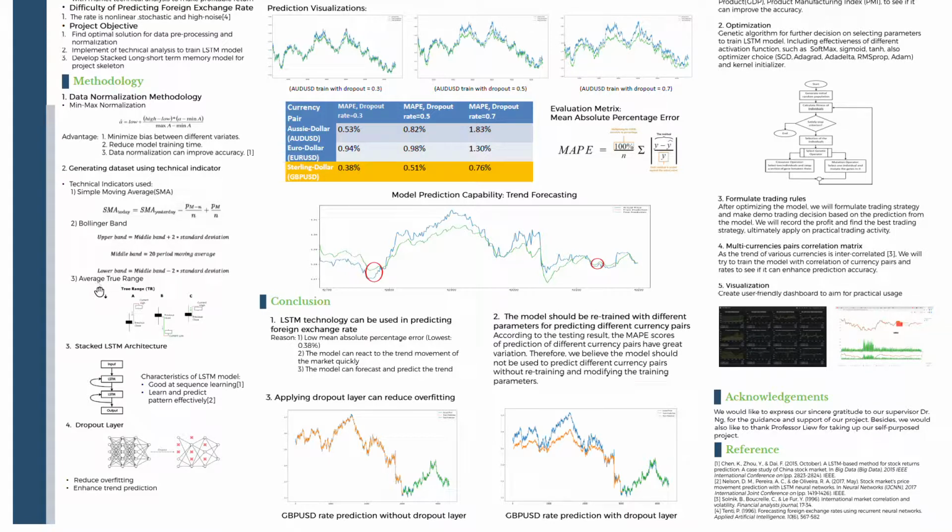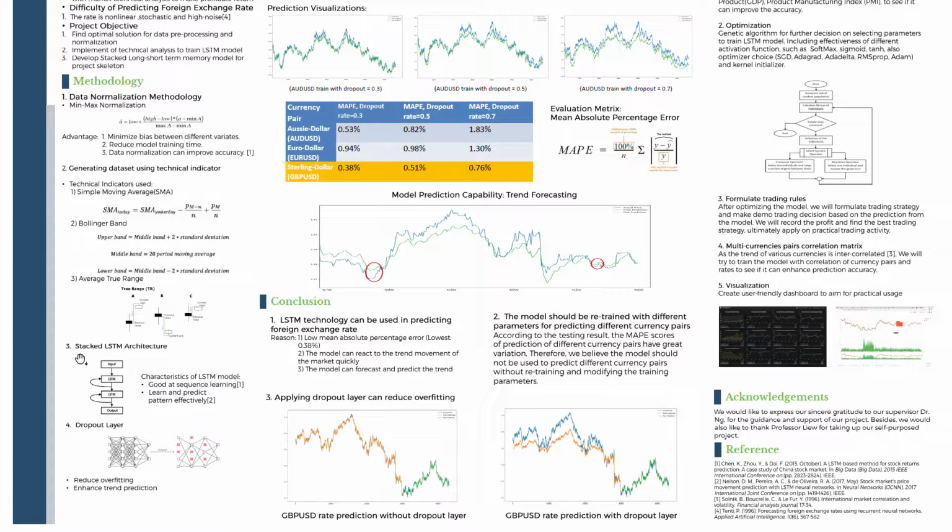The third, the average true range, tells the model whether the market is trending or not. If the average true range figure is high, this implies that the market is in a trend instead of in consolidation. And if the average true range figure is very low, it means the market is in consolidation and moving in a specific range.